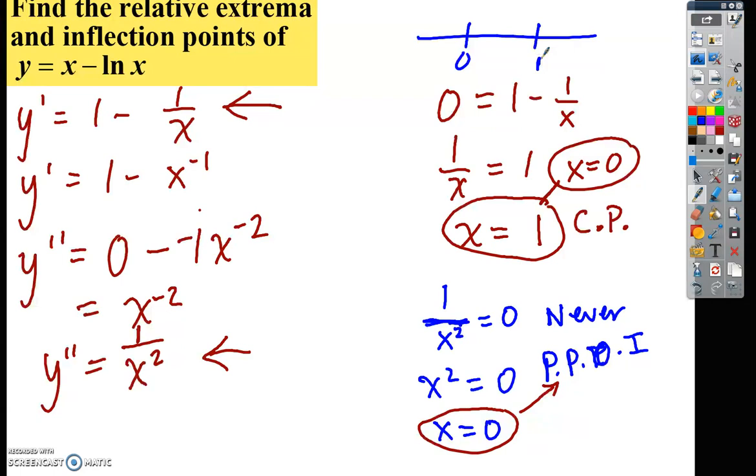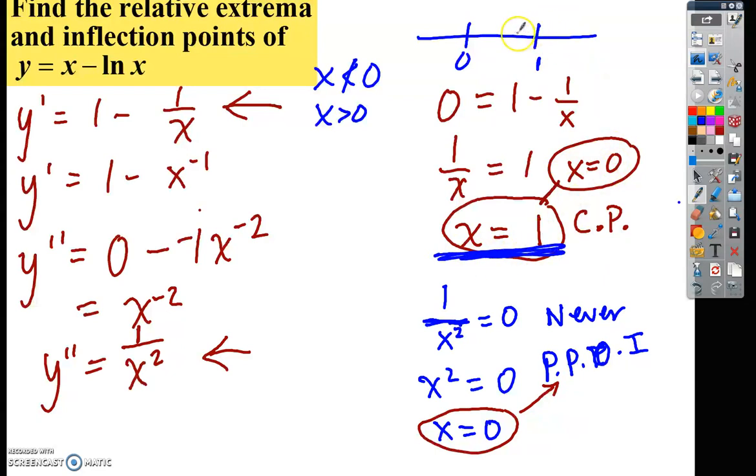It's the same kinds of ideas. So when x is 0, and x is negative, natural log can't be negative, so we have a problem there. So x cannot be negative. X cannot be less than 0. X has to be greater than 0. And x can't be 0 because we can't take the natural log of 0. So this is our only critical point.